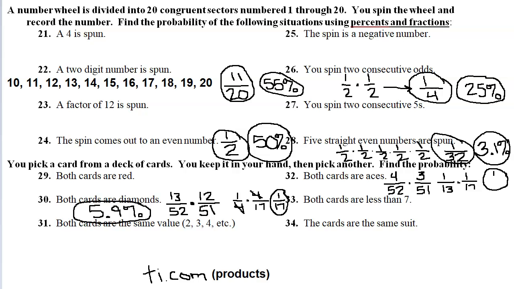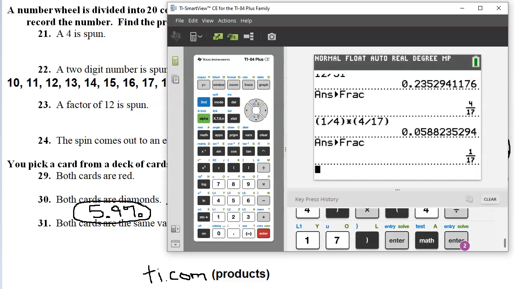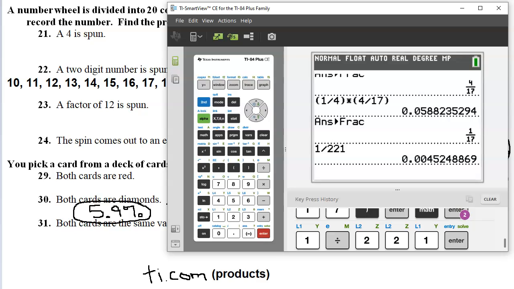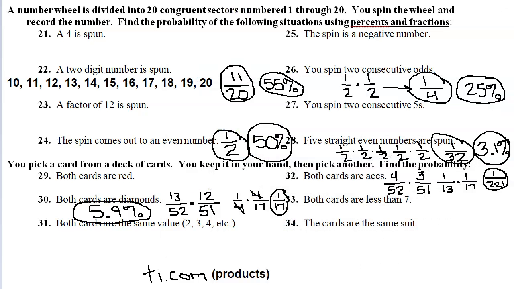So then when you multiply, you find out that the probability that both of them are aces is 1 out of 221. And if you put that in a new perspective, that is going to be less than 1/2 of 1%.